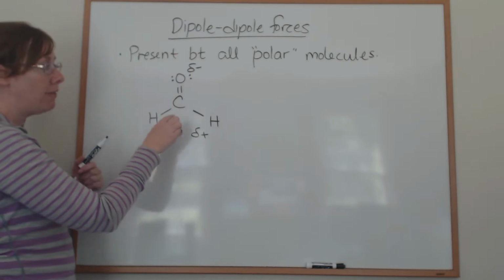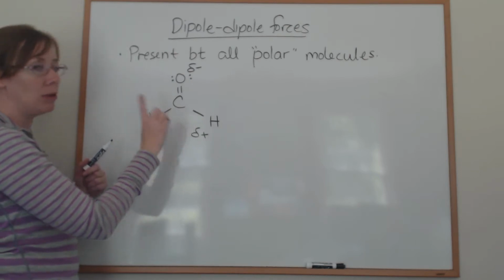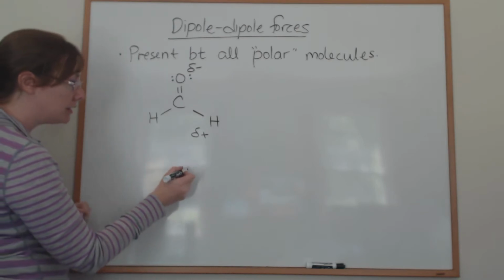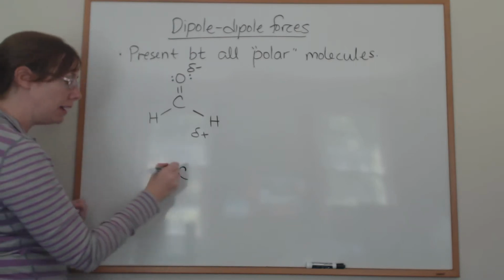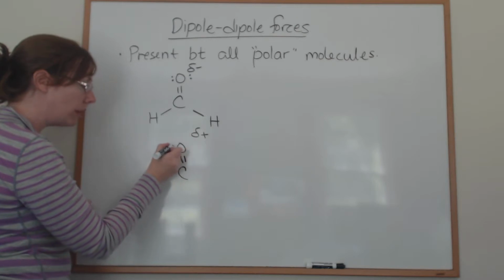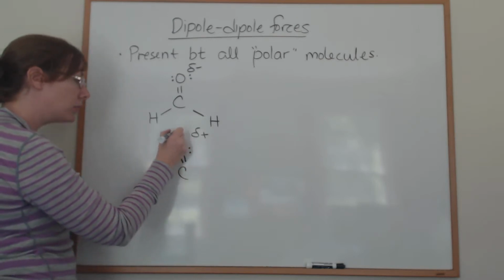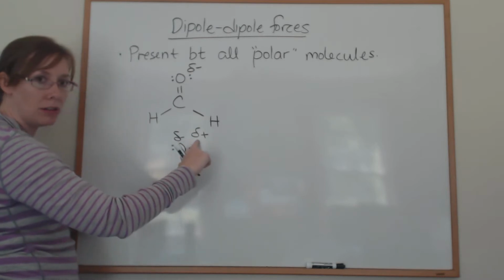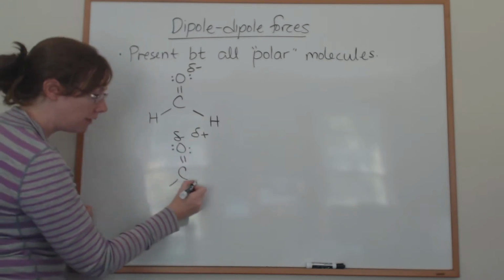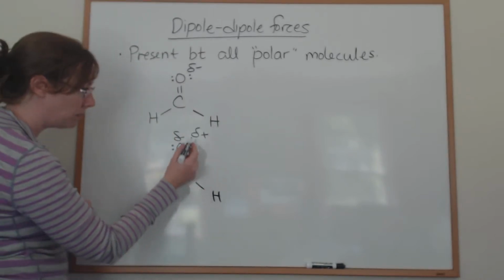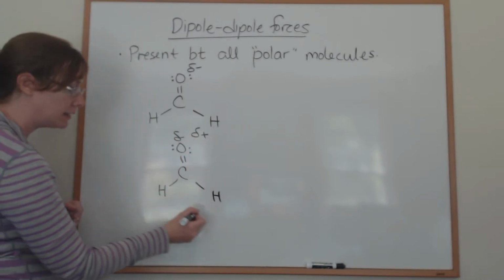Now remember, when you have formaldehyde, which this happens to be, you don't just have one of them, you've got billions of them in whatever sample, and there will be a neighboring formaldehyde, and it will orient itself so that its partial negative end is near the partial positive end of the neighboring molecule because they're attracted. Positive things are attracted to negative things.